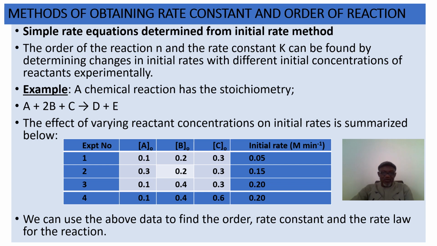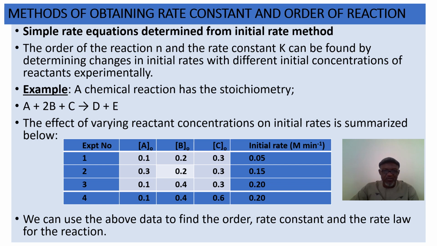So that is how we have to visualize it: look at this table critically and find experiments where the concentrations are the same for 2 reactants and change for only 1 reactant. Let's look at experiment 3 and experiment 4 again. For experiment 3, A is 0.1 and 0.1 for experiment 4, so no change.